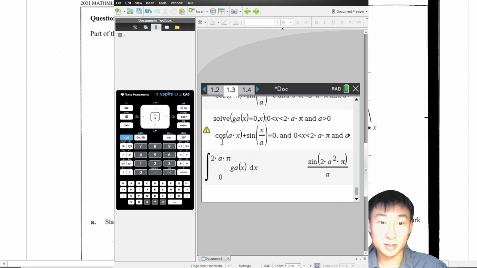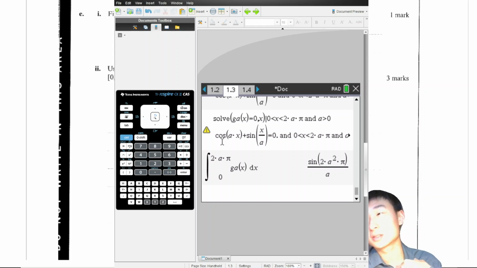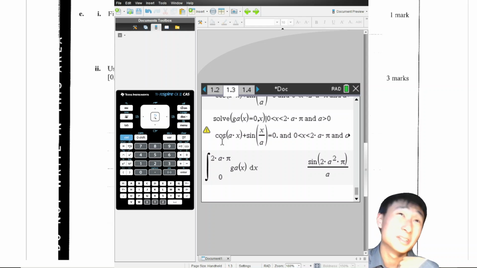There's something I can do here. If 2a pi is a period, then I can't split it, can I?